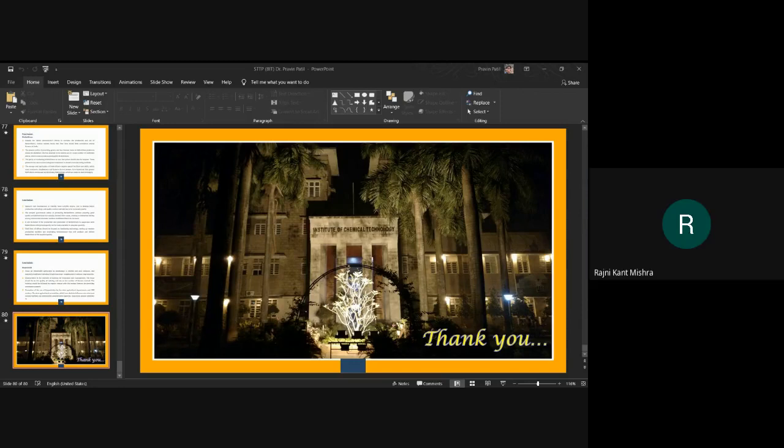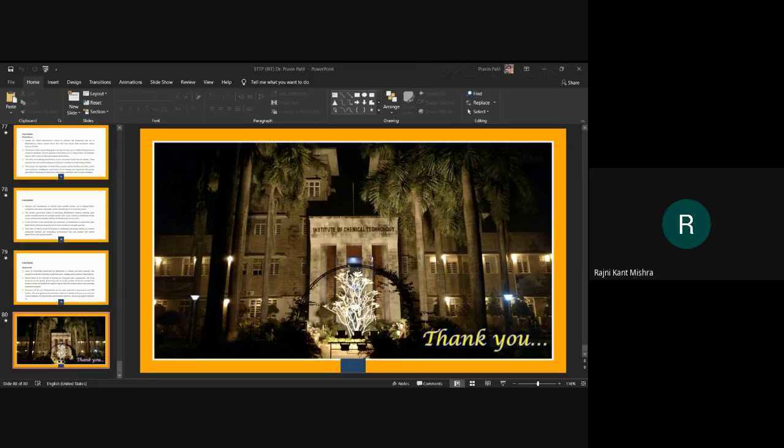Okay, so I suppose that there are no further questions from the attendees. So, sir, on behalf of Ballarpur Institute of Technology, Ballarpur, and on behalf of the organizing committee of this short-term training program, I would like to extend our heartfelt gratitude and many thanks to you for conducting such a wonderful session. Thank you for accepting our invitation on such a short notice.